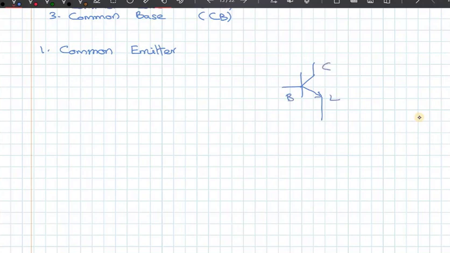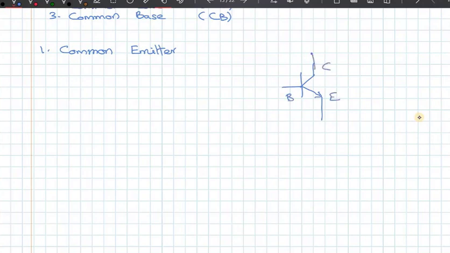Right. Let's look at the first case, common emitter amplifiers. In which case, if you take the BJT, you have the base, collector, and emitter.